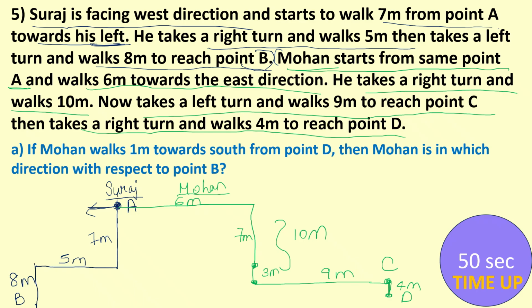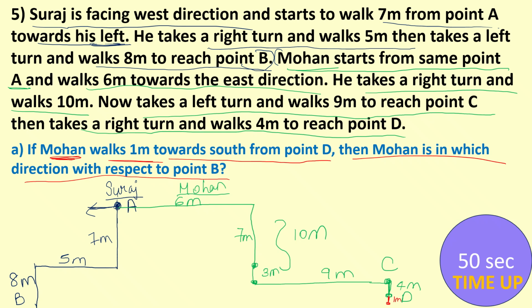Now the first question they are saying: if Mohan, the second person, walks 1 meter towards south from point D, then Mohan is in which direction with respect to point B?